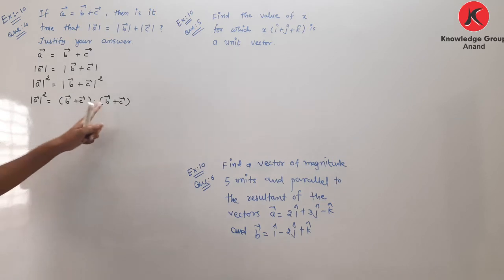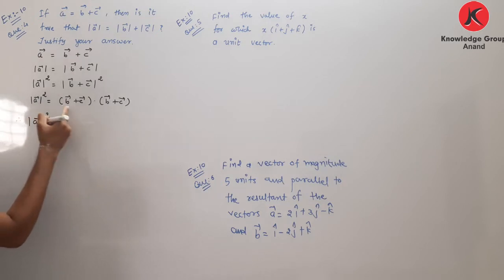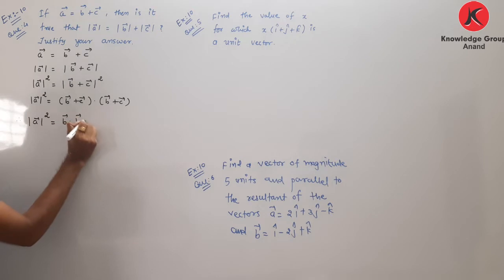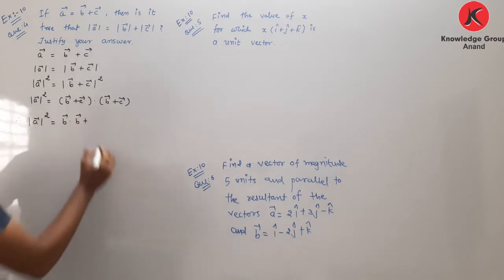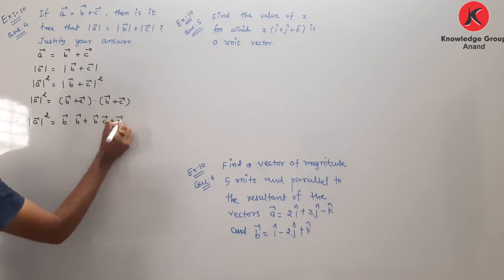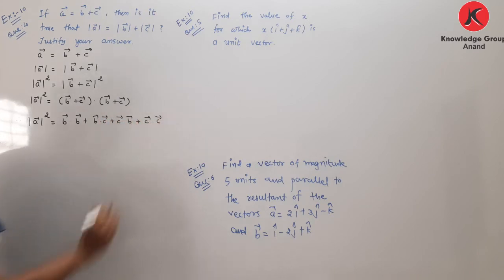Okay. Now we can expand this dot product and we will get magnitude of vector A square equals B bar dot B bar plus B bar dot C bar plus C bar dot B bar plus C bar dot C bar.